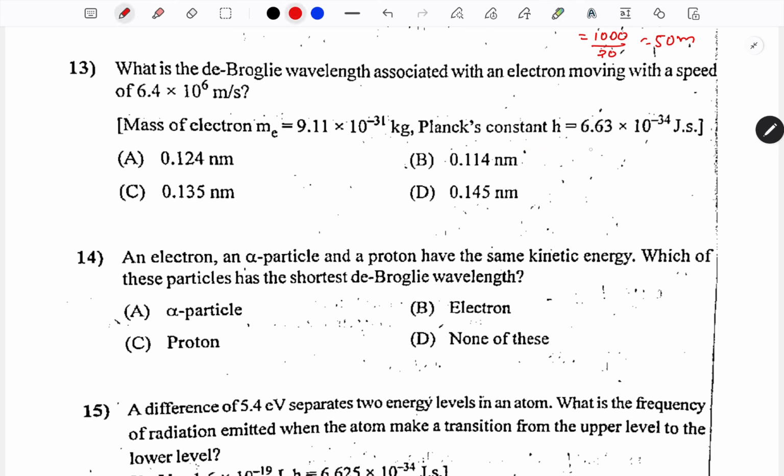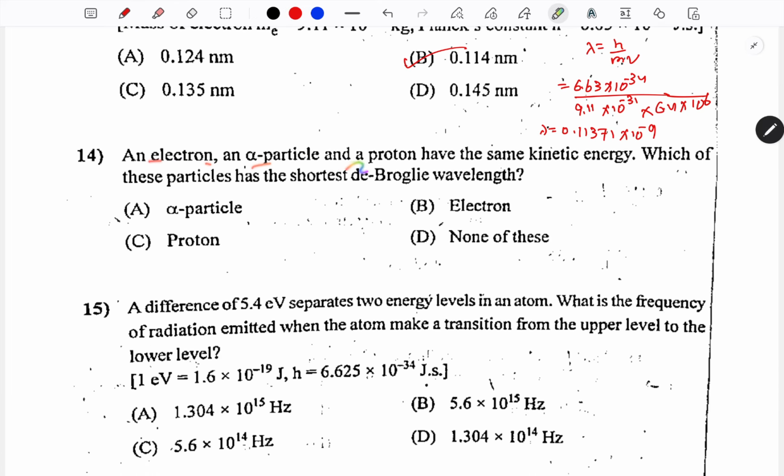We know that for de Broglie wavelength, lambda is equal to h upon mv, and h is 6.63 into 10 to the power minus 34 divided by mass 9.11 into 10 to the power minus 31 multiplied by velocity 6.4 into 10 to the power 6. Question is easy, calculation is difficult. Lambda is equal to 0.11371 multiplied by 10 to the power 9. 1.113, means B. Next question.